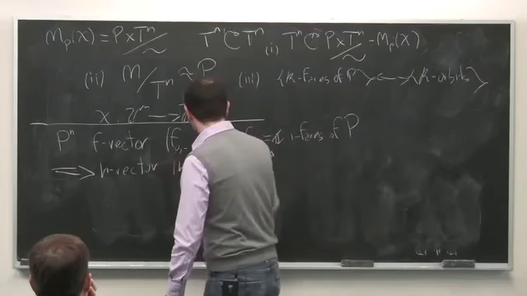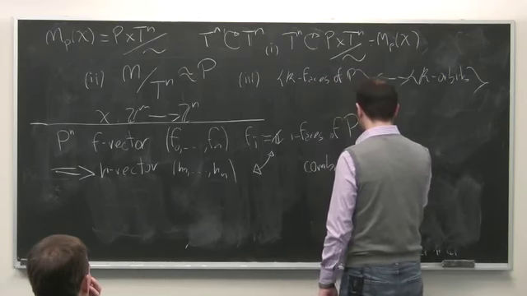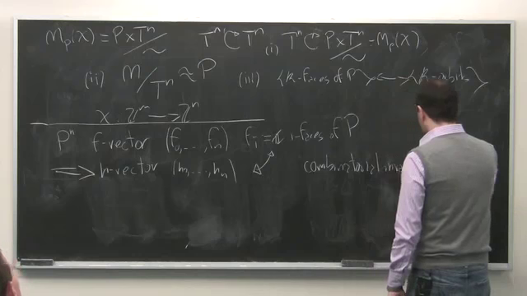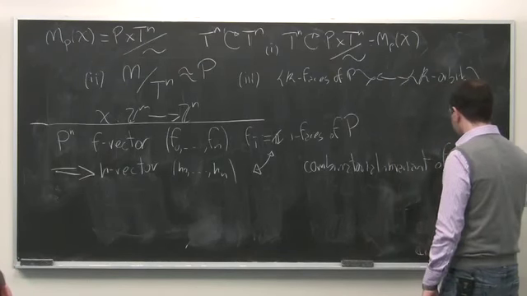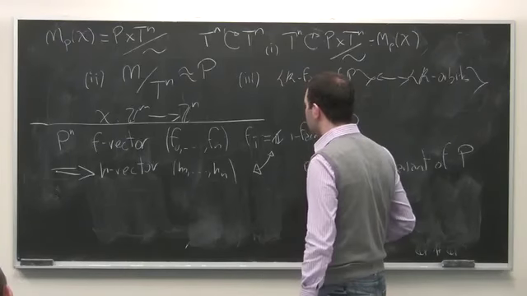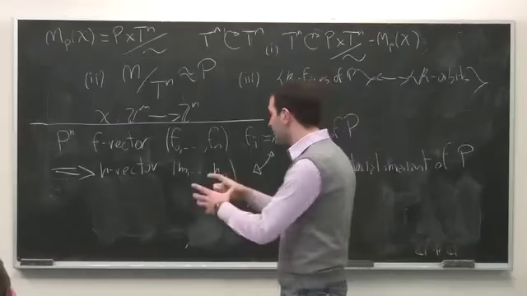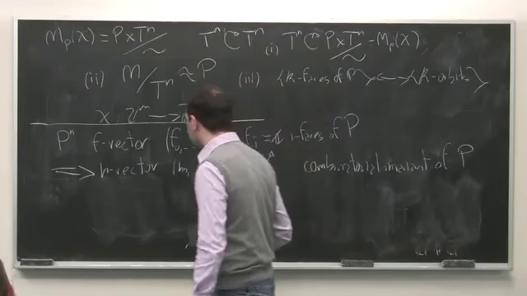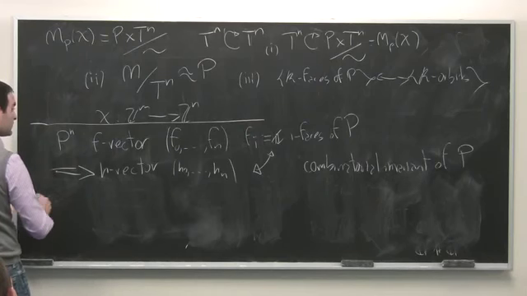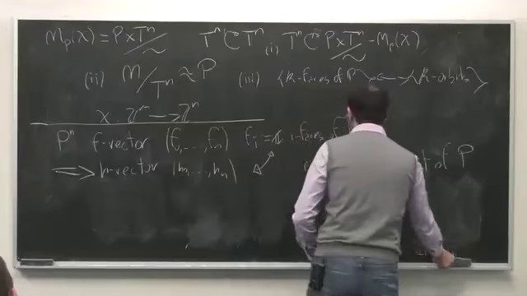This is a combinatorial invariant of P, in the sense that any map sending a polytope to another polytope and preserving the face lattice will also preserve this H vector, obviously. But why is it important? Because I want to tell you about the homology and the cohomology of these spaces.